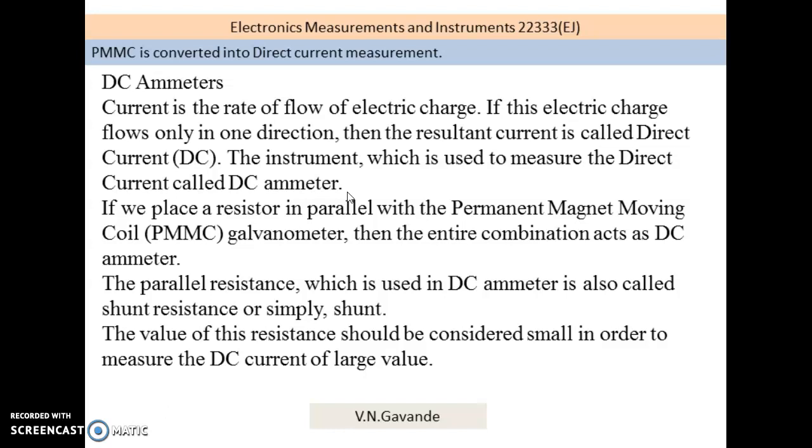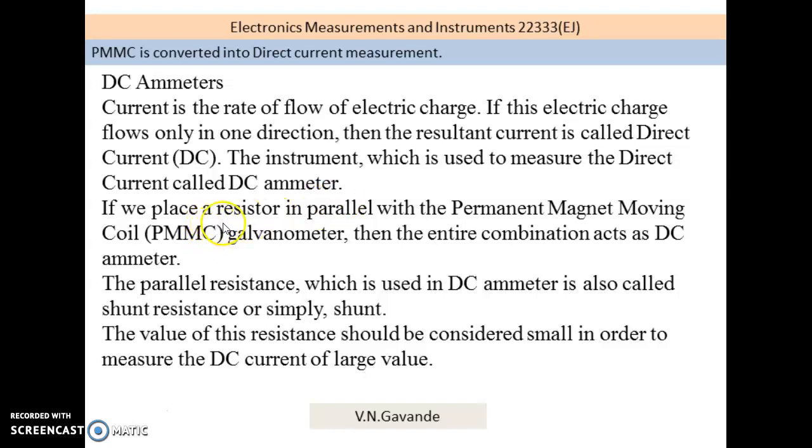They are converted to measure AC current, AC and DC voltages and resistors. For this purpose we want to convert the PMMC to these different instruments. The first one is the DC ammeter.